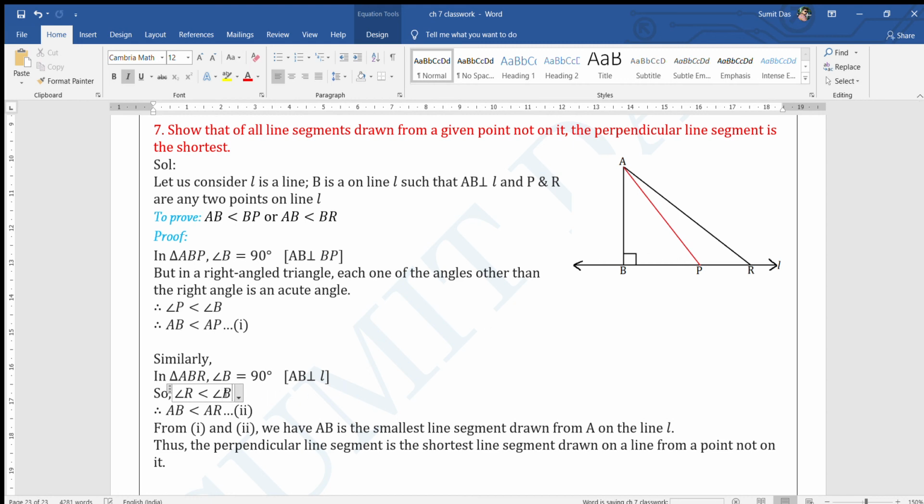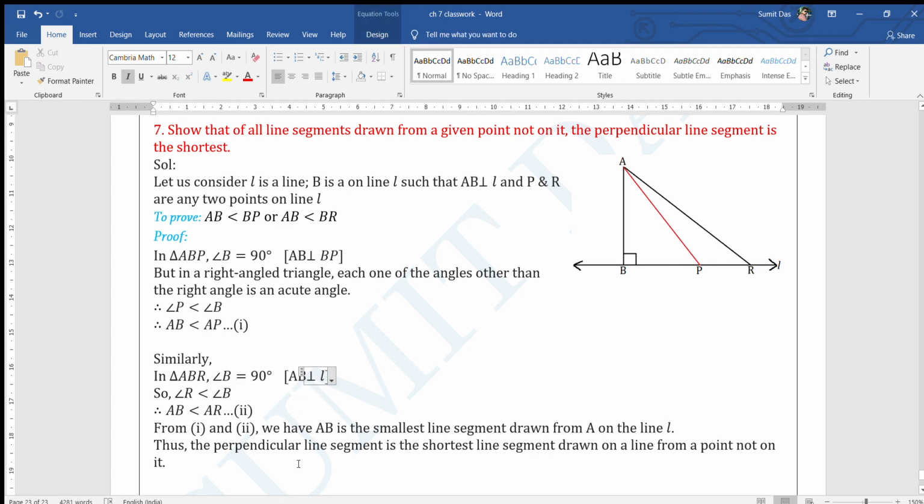AB, and the opposite side of angle B is AR. So AB is less than AR. That is number 2.